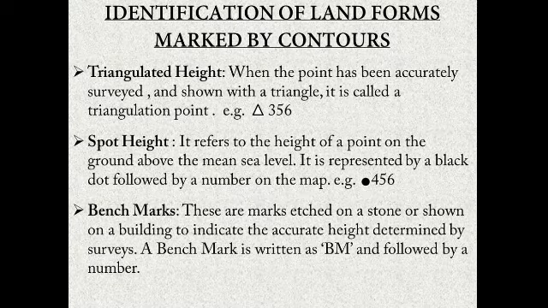That means the height of that place, and this height always uses the unit meter. If the triangulated height is given as 356, that is 356 meters above the mean sea level. And for a spot height of 456, the height of that spot is 456 meters above the mean sea level. That is the way you can write it.